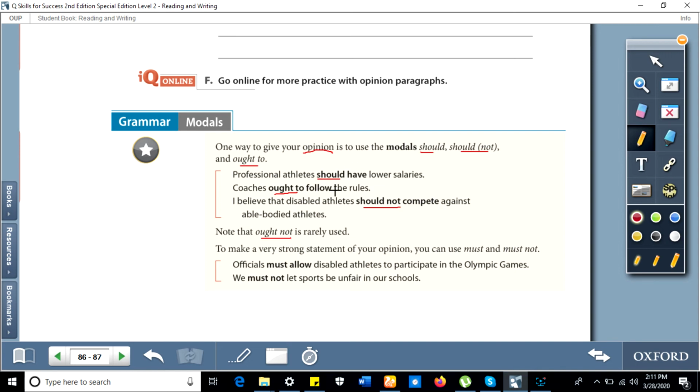Most people now use should only, right? But anyway, you can use ought to and should and should not, and ought to, ought not, meaning the negative of ought to, ought not to, rarely used.